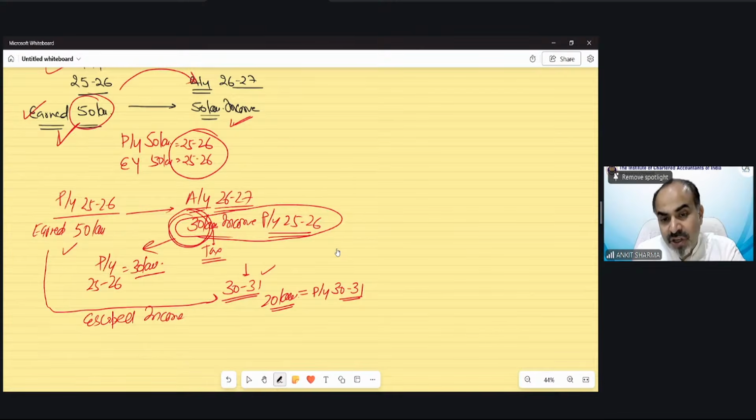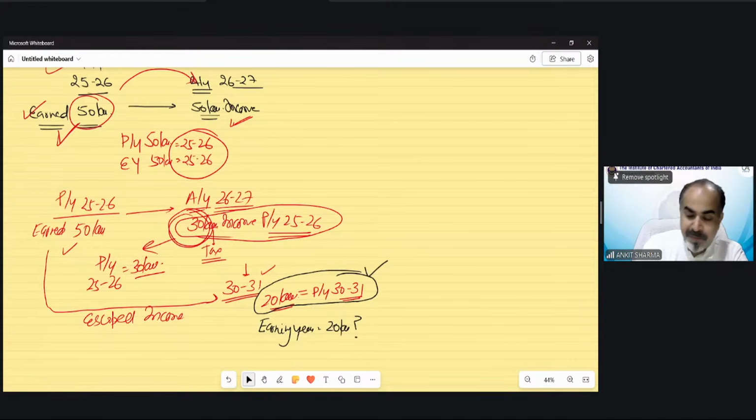Now my question for all of you is this. If the previous year for these 20 lakh rupees is 30-31, what would be the earning year for this 20 lakh rupees? Sumit is saying 30-31, 31-32, 30-31.